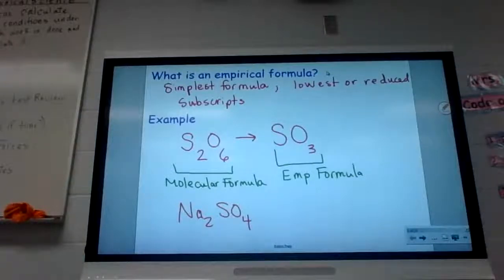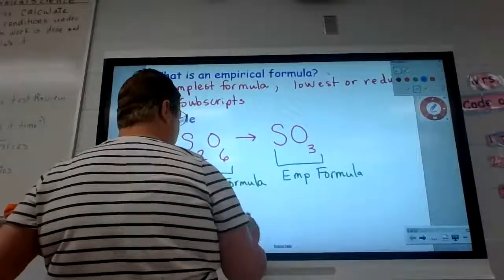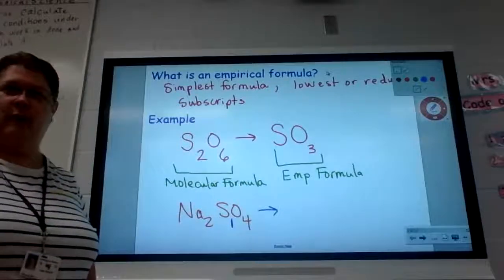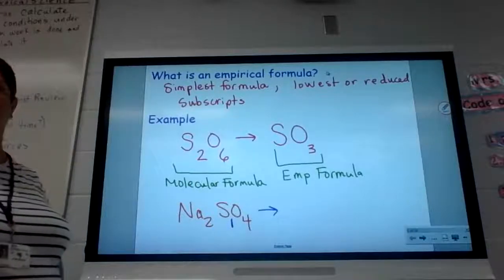Because that one goes on that one? I'm not sure what that one and that one is. I need you to be more specific. The 4 goes on SO4, but the 2 came from. Don't worry about it that way. Treat each element separately. What if I tell you to treat each element separately? S has 1. Okay? If you look at the subscripts, S has a 1. Can all the subscripts be reduced? No. Okay? 2, 1, and 4 cannot all be reduced.